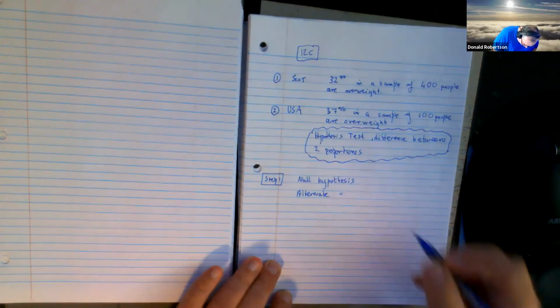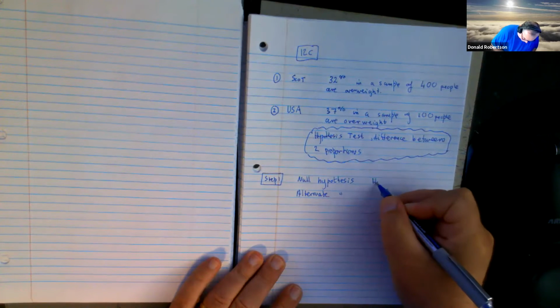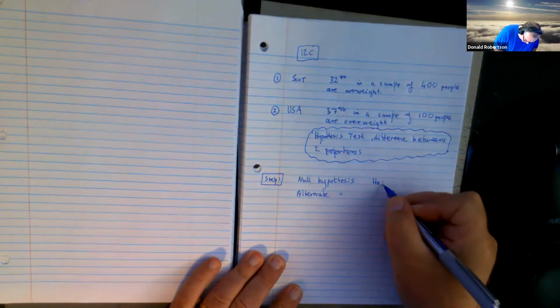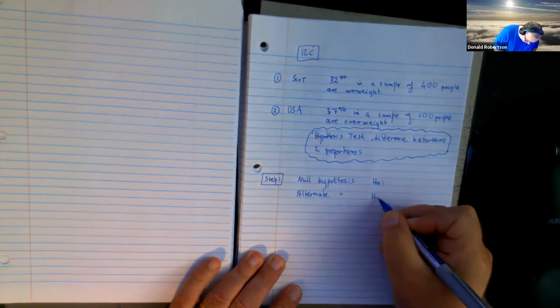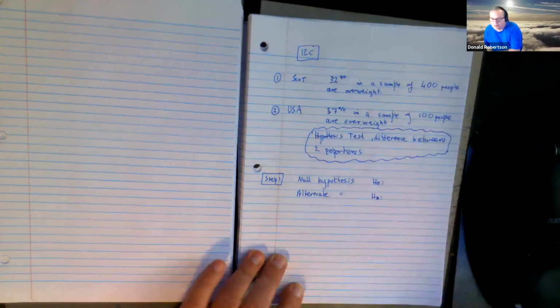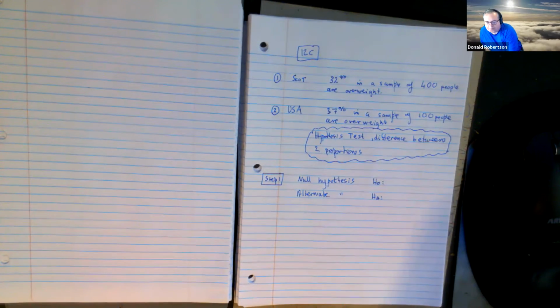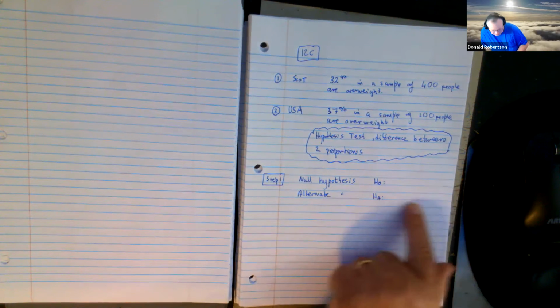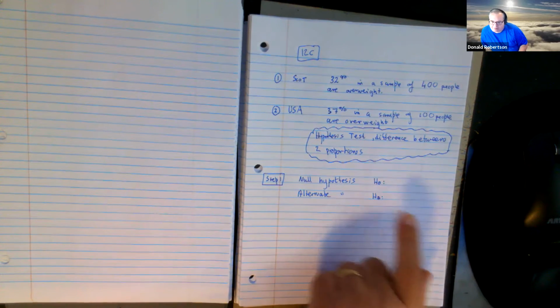Now, the null hypothesis is typically called H0, and the alternate is typically called HA, but sometimes it's called H1, but we'll use HA. And what are these hypotheses I talk about, the null and the alternate? One of them is saying what we think is true, and it's always the alternate.